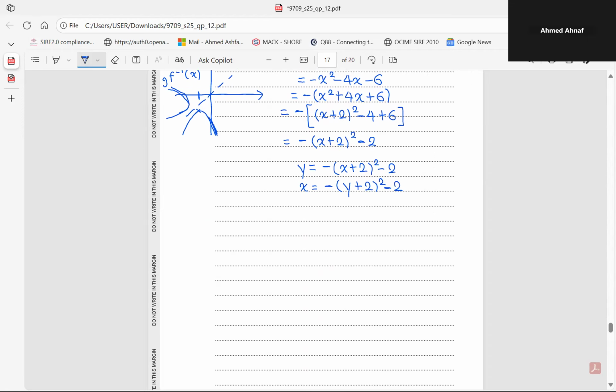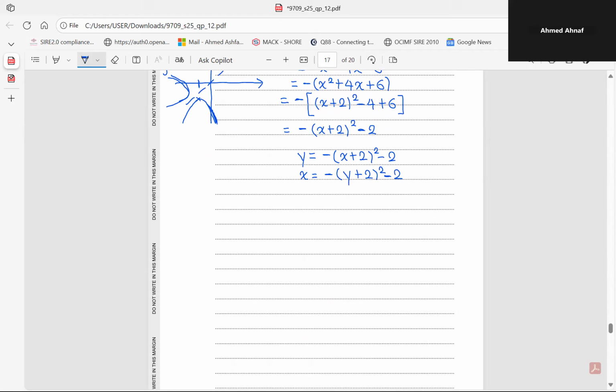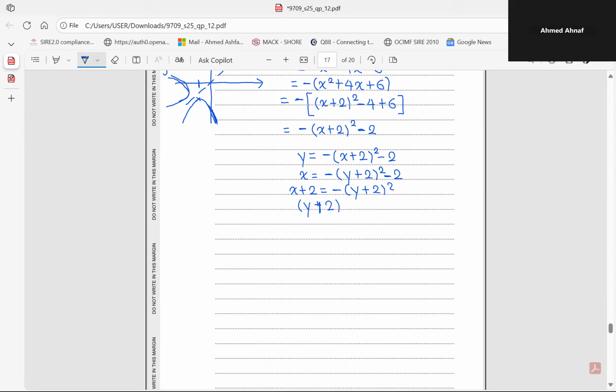Okay, and now add 2 to both sides, so x plus 2 equals minus y plus 2 squared. And now we're going to divide by negative 1 on both sides, so y plus 2 squared is minus x minus 2.